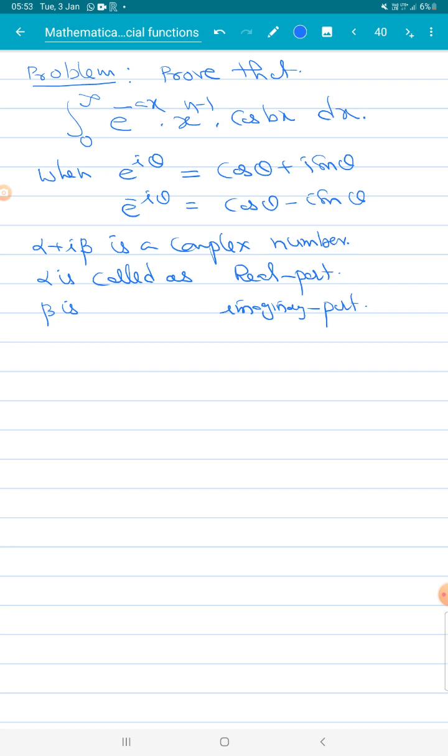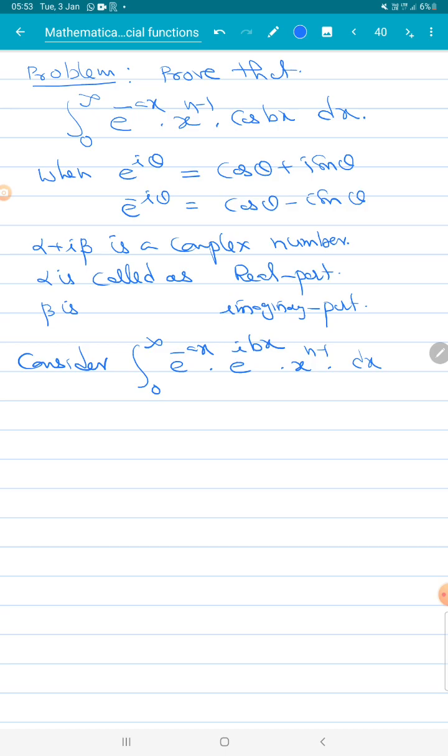So now, to prove this result, we need to consider the integration from 0 to infinity of e power minus ax and e power i into bx into x to the power of n minus 1 into dx.